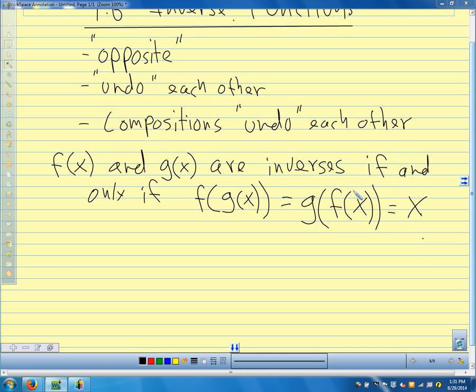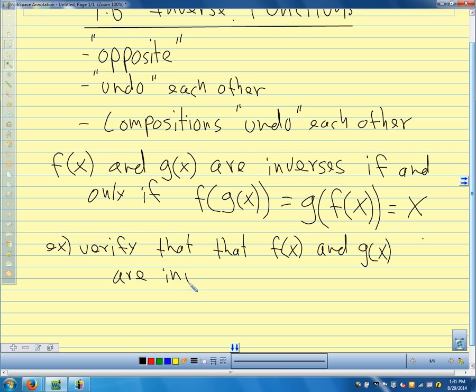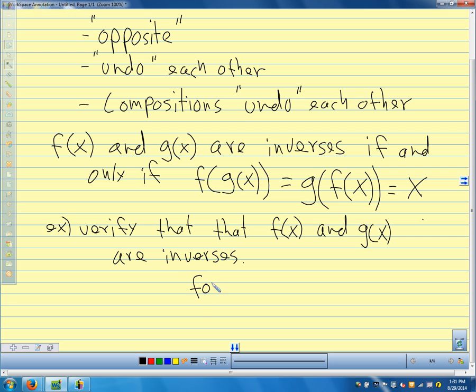So if the problem asks you to verify, and there'll be homework problems like this, verify that f of x and g of x are inverses. And it might say verify algebraically or something like that. What it's asking us to do is form our composition, f of g of x and g of f of x.